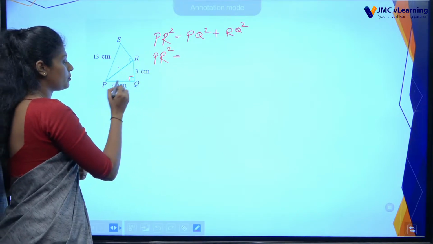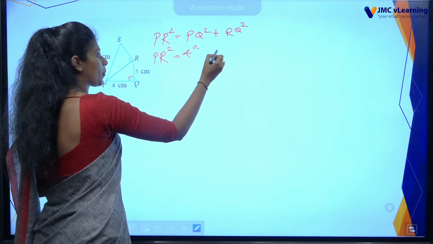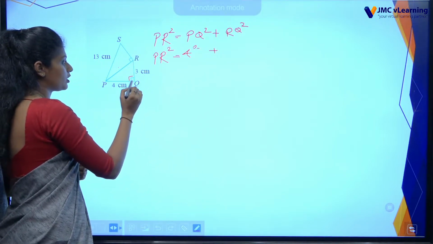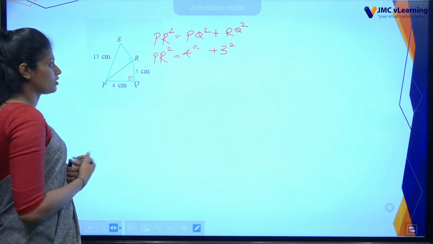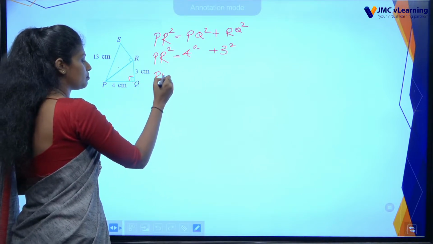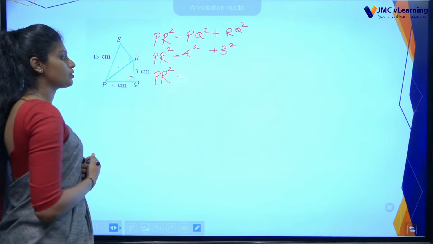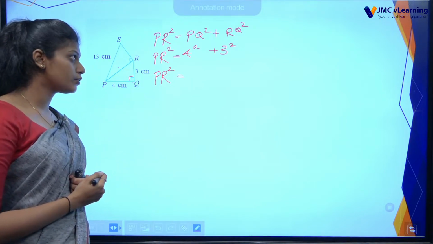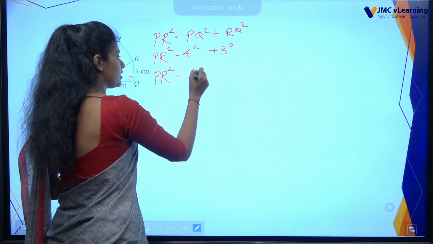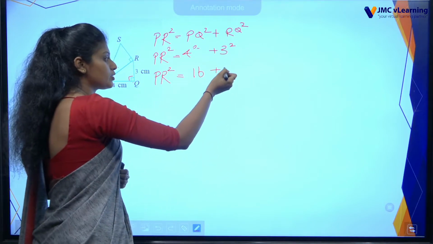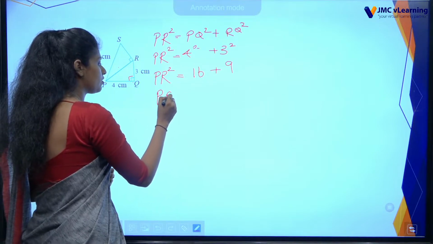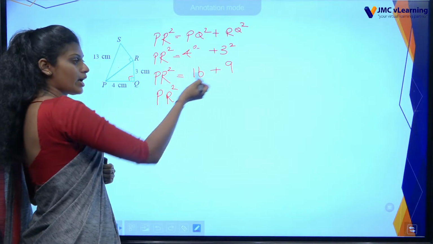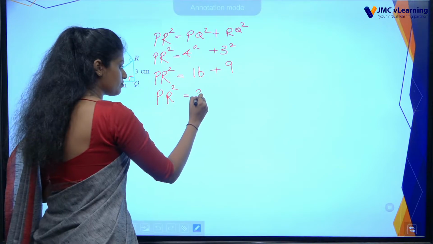PQ means 4 centimeter, RQ is 3. Then PR squared is equal to 4 to the power 2, 4 into 4, it is 16, and 3 into 3, it is 9. When you add these two, it is equal to 25.